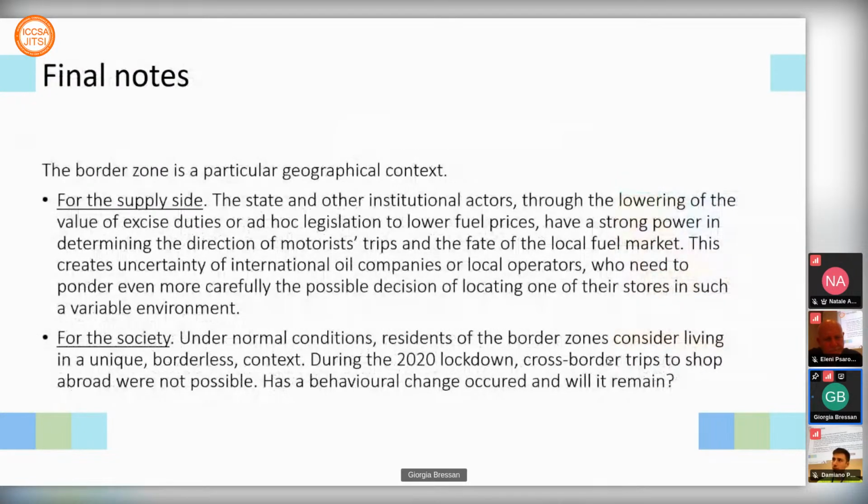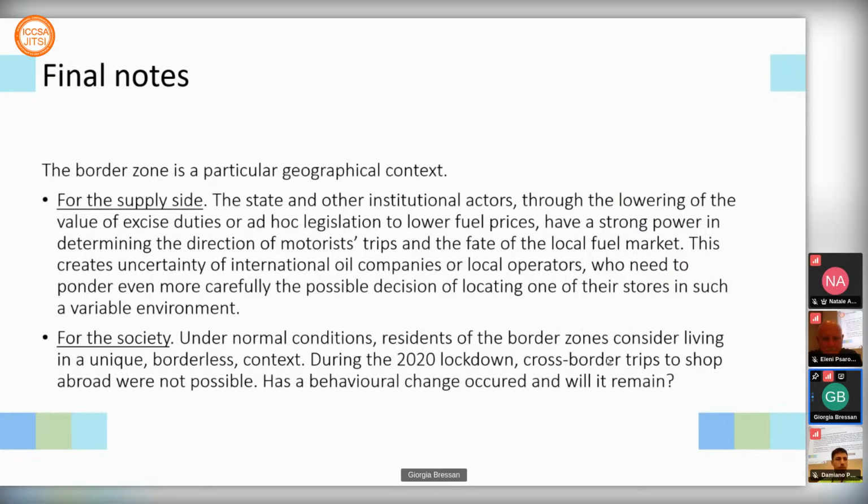Well, in order to conclude, we have seen that the border zone is a particular geographical context. In fact, from the supply side, the state and other institutional actors have a strong power in determining the directions of motorist trips and the fate of the local fuel market.